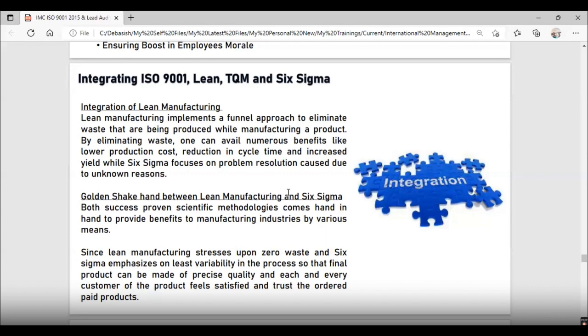Since lean manufacturing stresses zero waste and Six Sigma emphasizes least variability in the process, the final product can be made of precise quality, and each and every customer of the product feels satisfied and trusts the ordered, paid product.